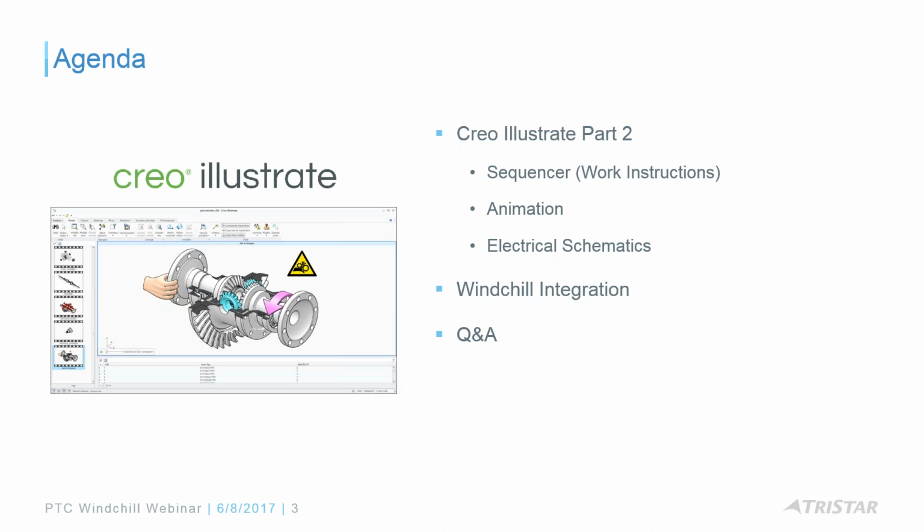We're also going to take a look at the enhancement to Creo Illustrate that was put in Illustrate 3.1, and that's support for electrical schematics. If you are using the Creo Schematics application, which allows you to lay out any kind of cabling or wiring in 2D and then in 3D on the CAD side in Creo Parametric, Creo Illustrate can import those schematics and give you the ability to document those visually, just like you would a figure of a mechanical component.